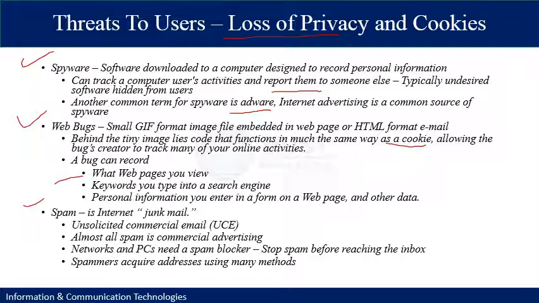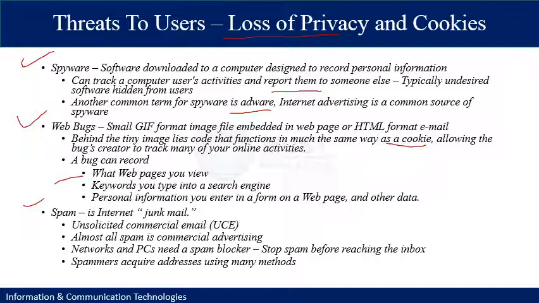Another method is to use the spam email. So a spam is an internet junk email. So it is an unsolicited commercial email, and almost all spam is commercial advertising. So you often encounter such emails where you are offered certain advantages or are invited to buy certain products at a very low rate.